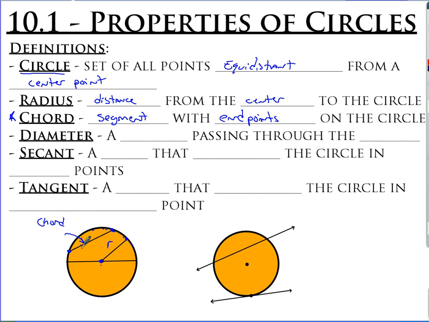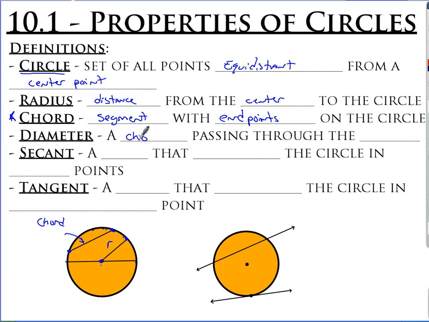Okay. Next one's diameter. That's probably something we know about. What's a diameter? Distance all the way around is perimeter, but on a circle we call it circumference. The diameter is from one side to the other, so it is a chord. It's still a chord.